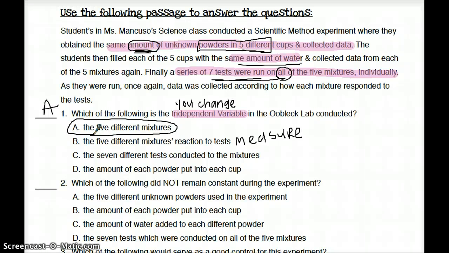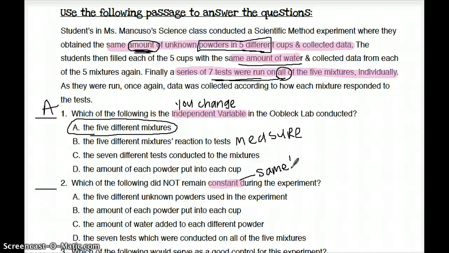Which of the following did not remain constant during the experiment? Remember, a constant is something that remains the same all throughout. The 5 different unknown powders, the amount of each powder, the amount of water, or the 7 tests which were conducted on all 5 mixtures.